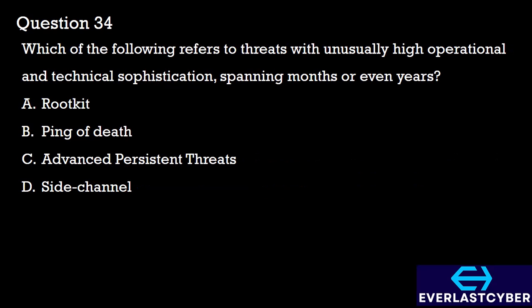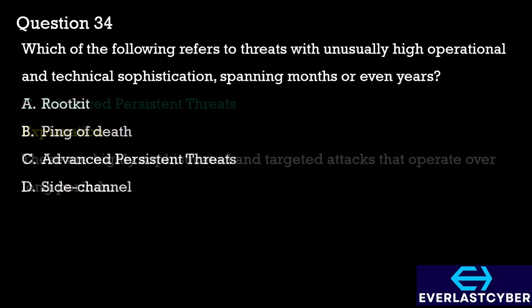Question 34. Which of the following refers to threats with unusually high operational and technical sophistication, spanning months or even years? A. Rootkits. B. Ping of death. C. Advanced persistent threats. D. Side channel.